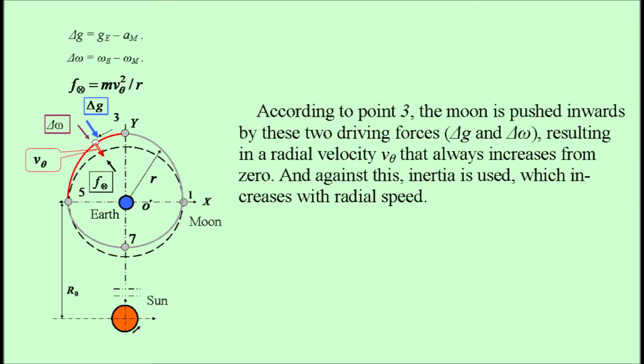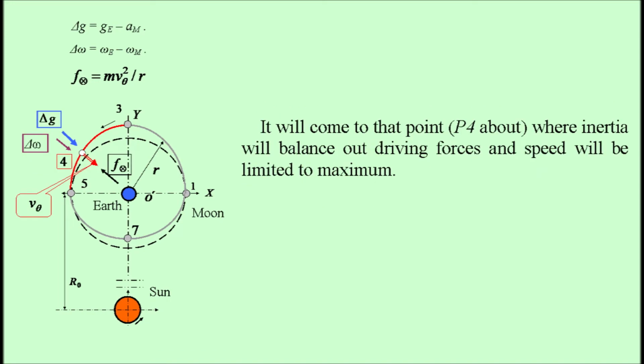After point 3, the Moon is pushed inwards by these two driving forces, delta g and delta omega, resulting in a radial velocity v theta that always increases from 0. Against this, inertia is used, which increases with radial speed. It will come to a point, about P4, where inertia balances out the driving forces and the speed is limited to its maximum.